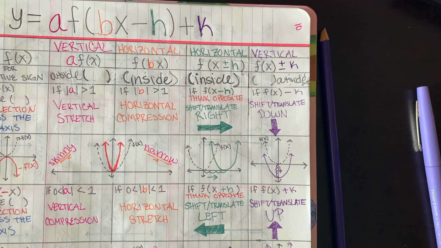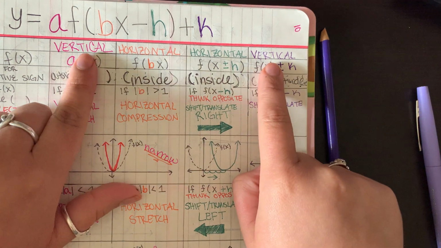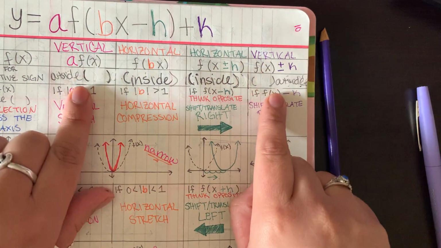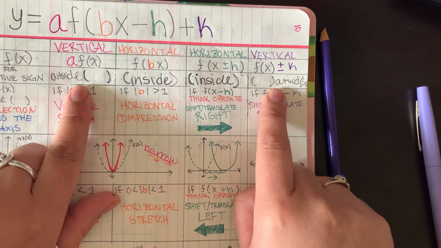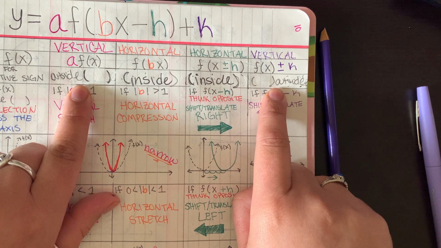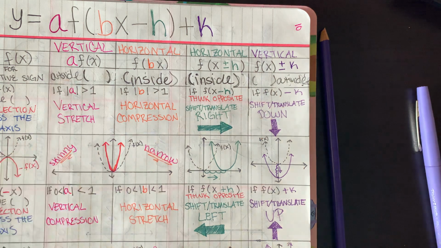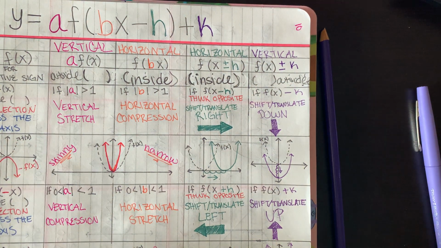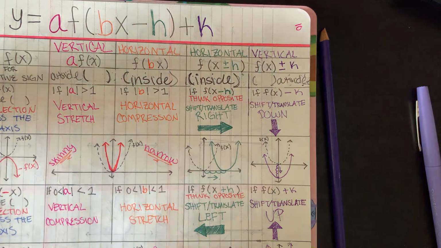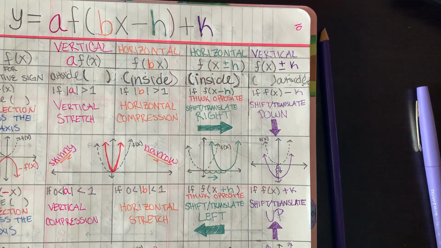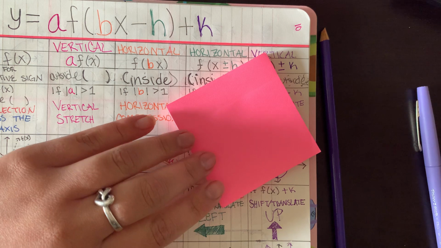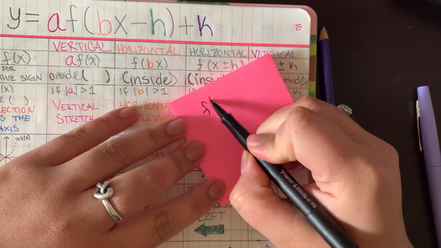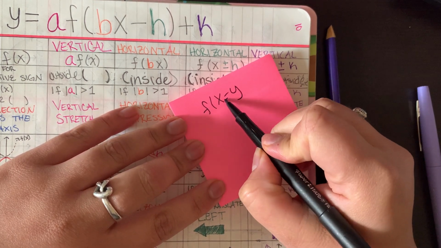Then over here, you will notice it says vertical anytime it's outside the parentheses, right? Now, let's make sense of that part. One of the things you learned from function notation in whatever math class you were in, hopefully algebra 1, is that f of x is equal to y.